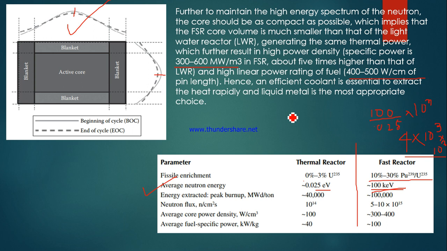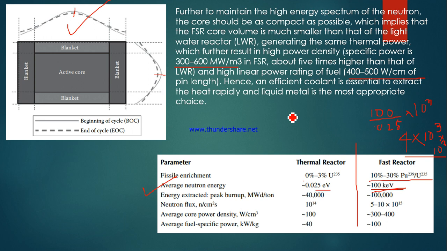So the energy extracted from the fast reactor, as well as the average power density and the linear power rating of the fuel, are much higher than the thermal reactors.